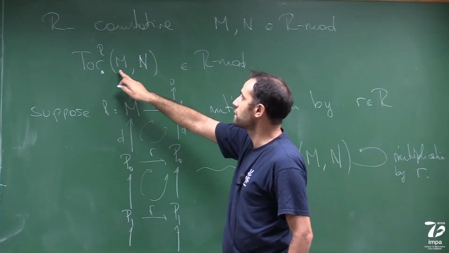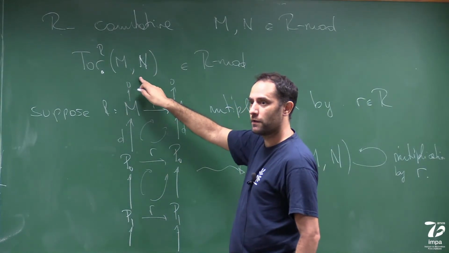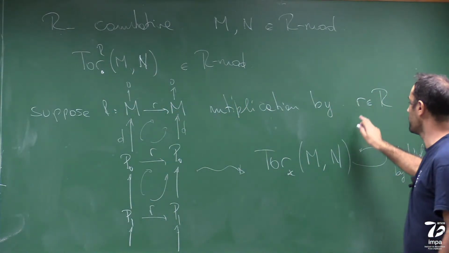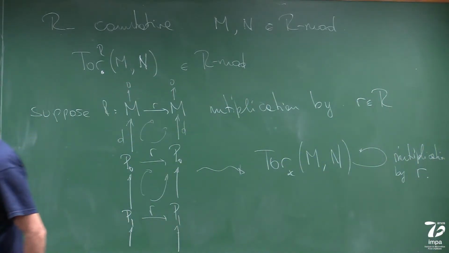So if I have a morphism from M to M, then I get a morphism from Tor Mn to Tor Mn, and that map is given by multiplication by R.